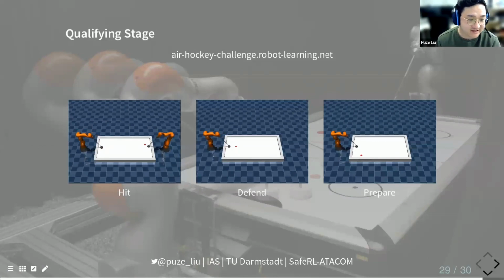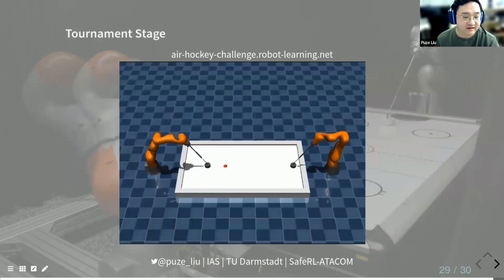In the first stage, we will have 3 different individual tasks, and you need to deploy safe learning methods, which ensure that the robot doesn't collide with the table and doesn't violate the constraints we have on the individual tasks. Afterwards, in the second tournament stage, we will make the robot play a full game, where each team will compete with each other.